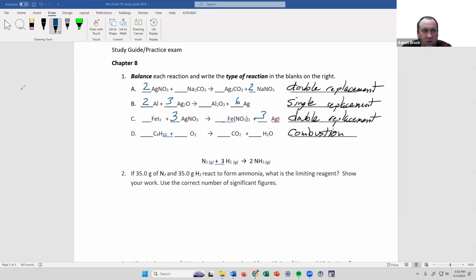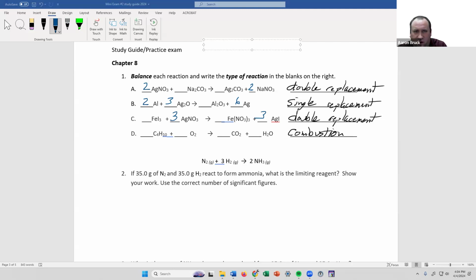For the last one here, we're dealing with a combustion reaction. Combustion reactions are notoriously finicky, fickle, difficult, because we've got lots of things going on, and sometimes the math doesn't always work out in our favor. But let's get started.